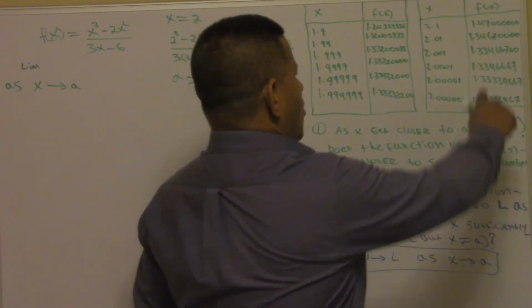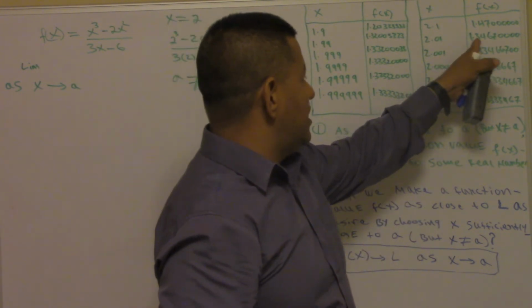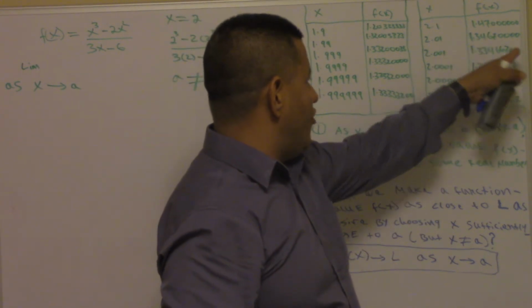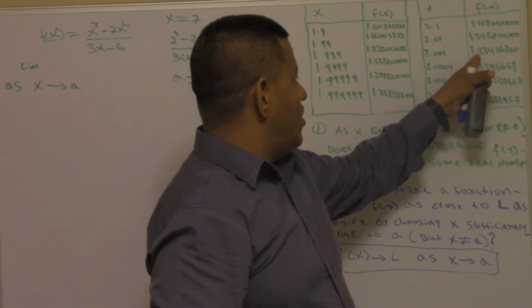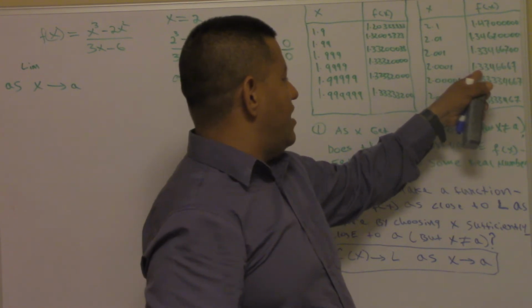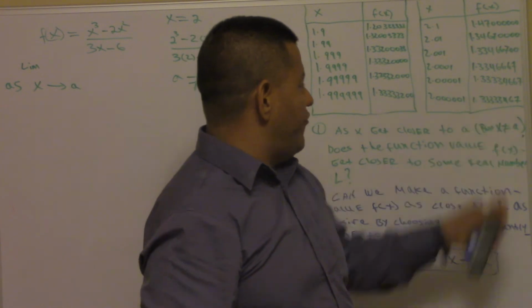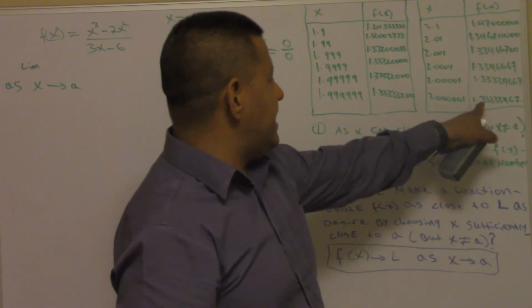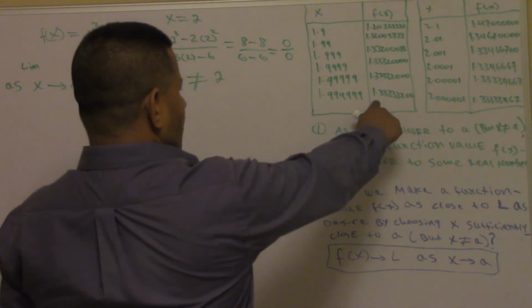Look at this, 1.47. On the next number, I am getting 1.34. And the next number I'm getting 1.33, and the next one 1.33, 33, and 33, and so forth, until I get this number right here closer to this number.